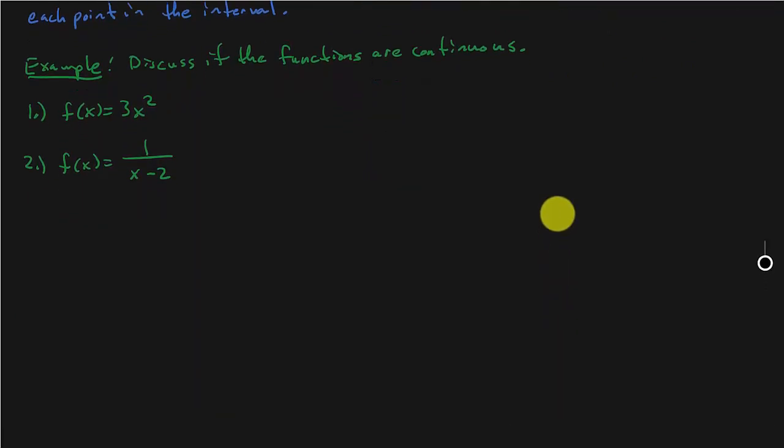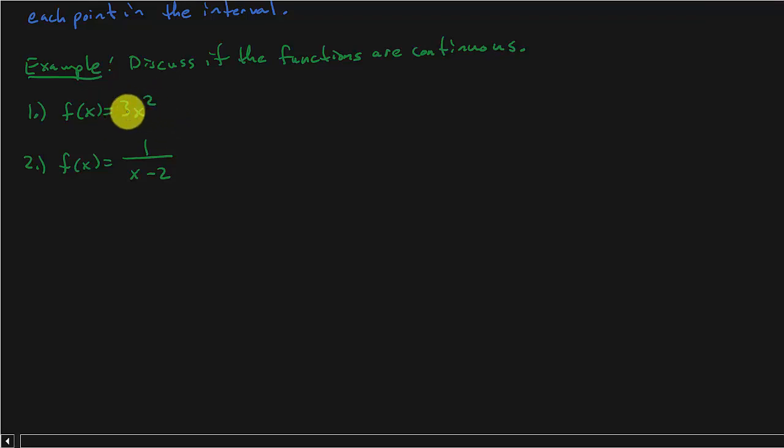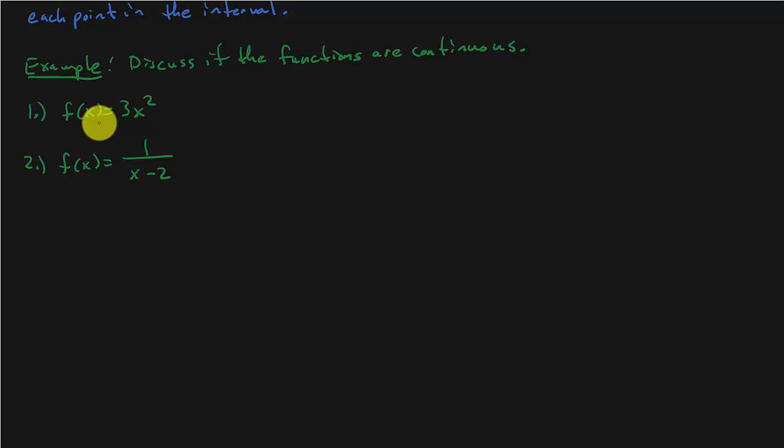One thing that we can do, like with 1 and 2, is, obviously for number 1, we know that's continuous. It's a quadratic function. Quadratic functions are continuous everywhere, from negative infinity to positive infinity.